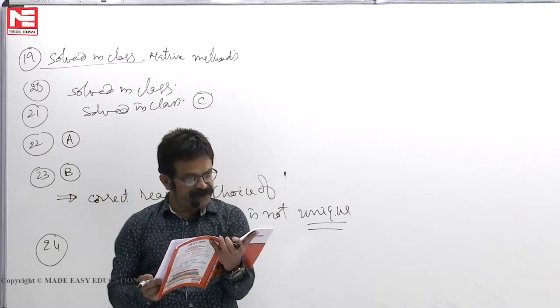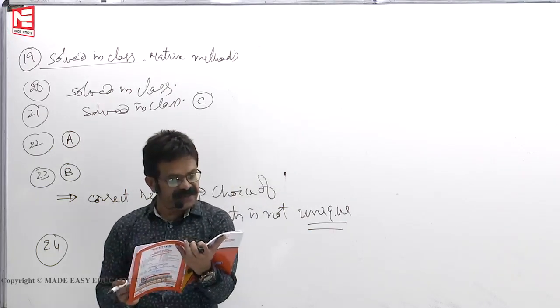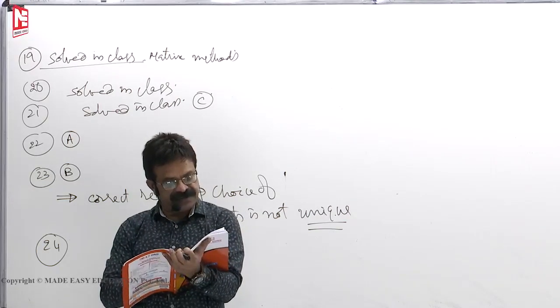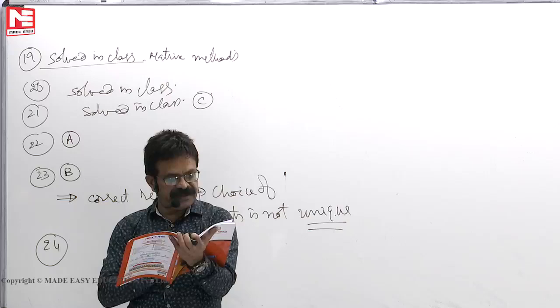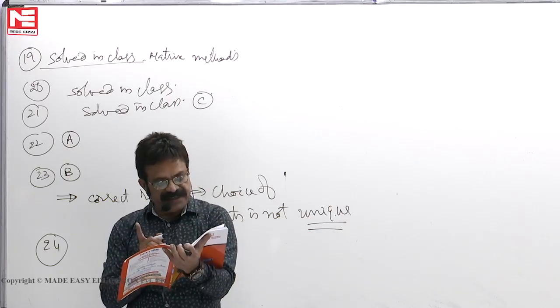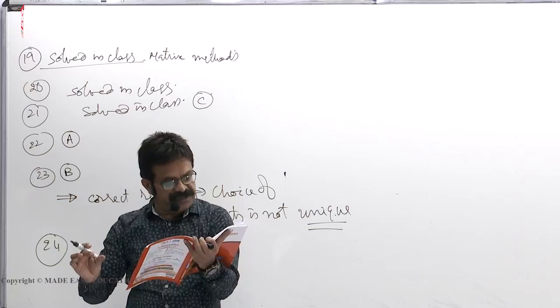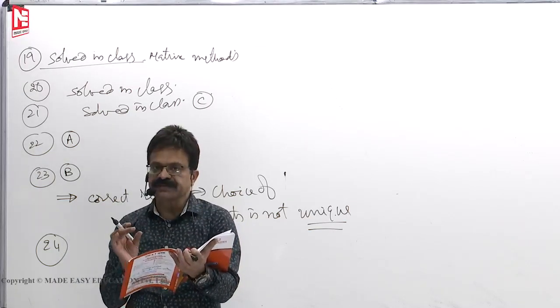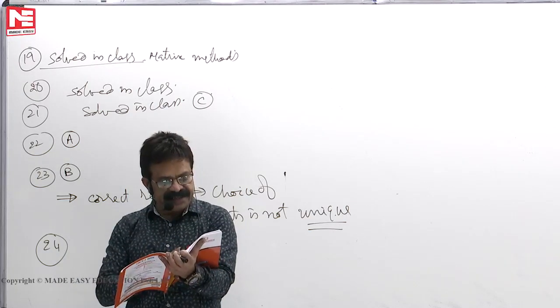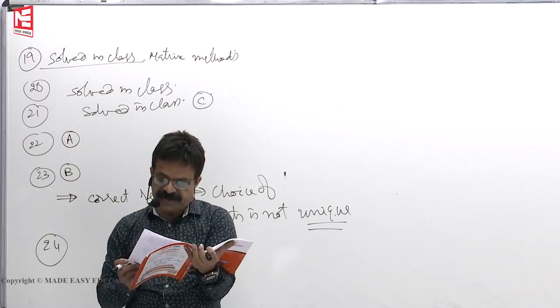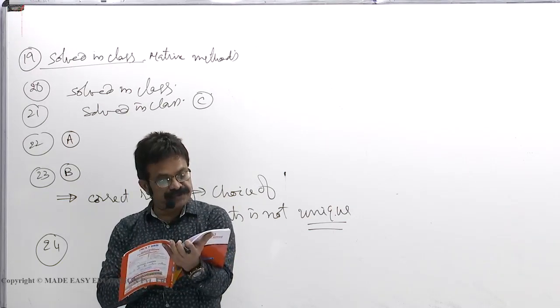Choice 1 is preferable since it will result in a well conditioned matrix. The assertion is wrong first of all. Choice 1 is not preferable. Reason: a well conditioned matrix has dominant leading diagonal terms, which results in an accurate solution. That is correct. Reason is correct, but assertion is wrong. A is false, R is true.